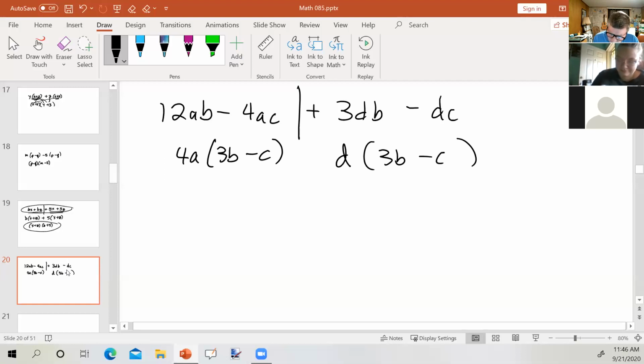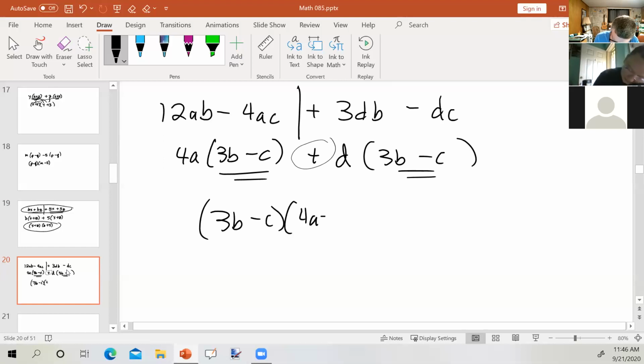What sign do I need between these two? Do I need a plus sign or a minus sign right in here? It would be a plus sign, wouldn't it? Okay. Notice these two match. So if we take out 3b minus c, we have 4a plus d, and we're done.